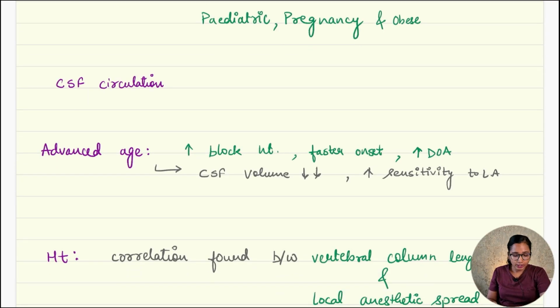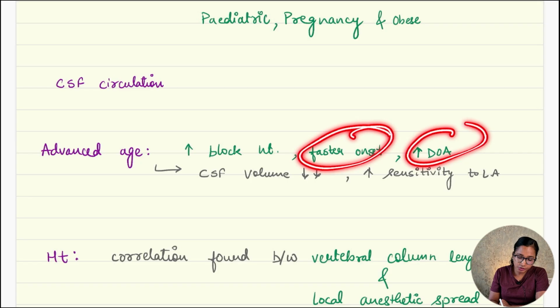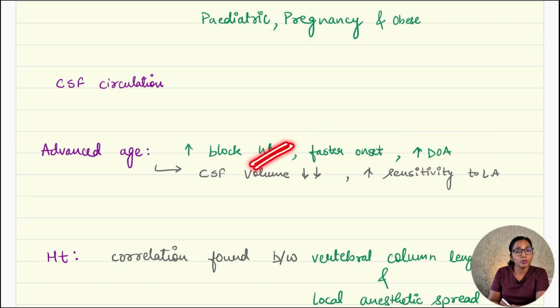If we talk about age, an increase in block height is seen in elderly patients. Elderly patients have faster onset, increased duration of action, and increased block height. Why is that so? This is because they have less CSF volume and the sensitivity to local anesthetic increases as age increases.